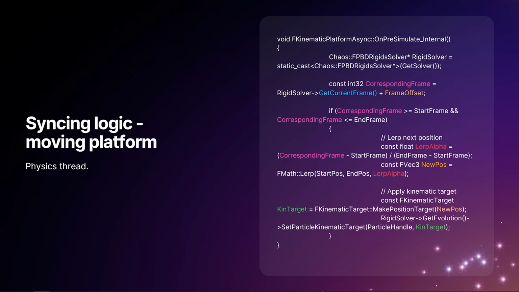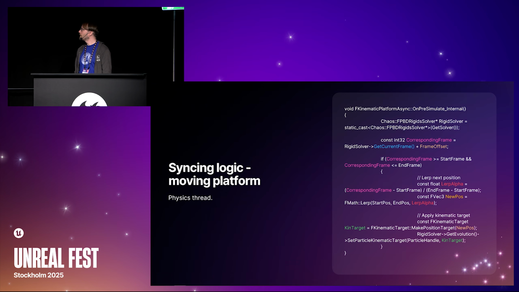And the key part here is the first line with colored functions. You get current frame, and then you add your frame offset. So we translate your current frame into the server frame, essentially. I call it corresponding frame here. On the client, it's the server frame. And if you do this on the server, it's going to get the server's current frame plus 0, because frame offset is 0 on the server. So you still get the server frame.